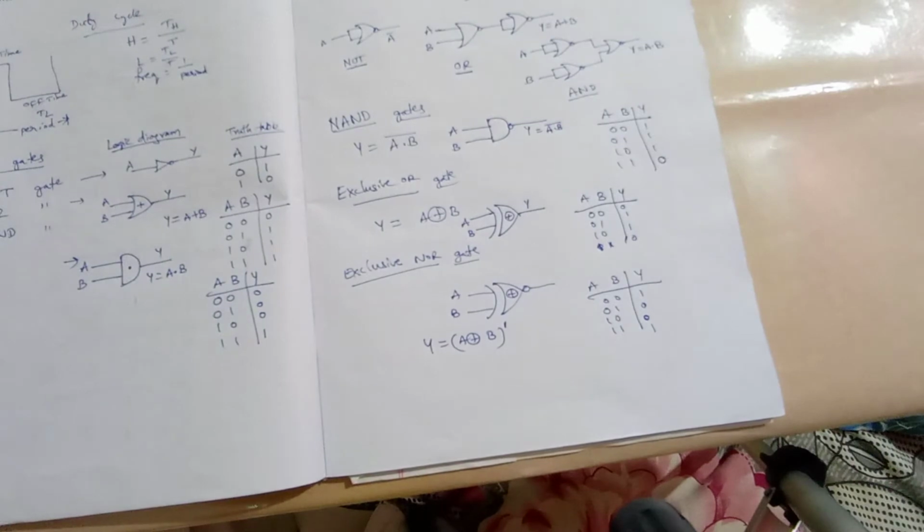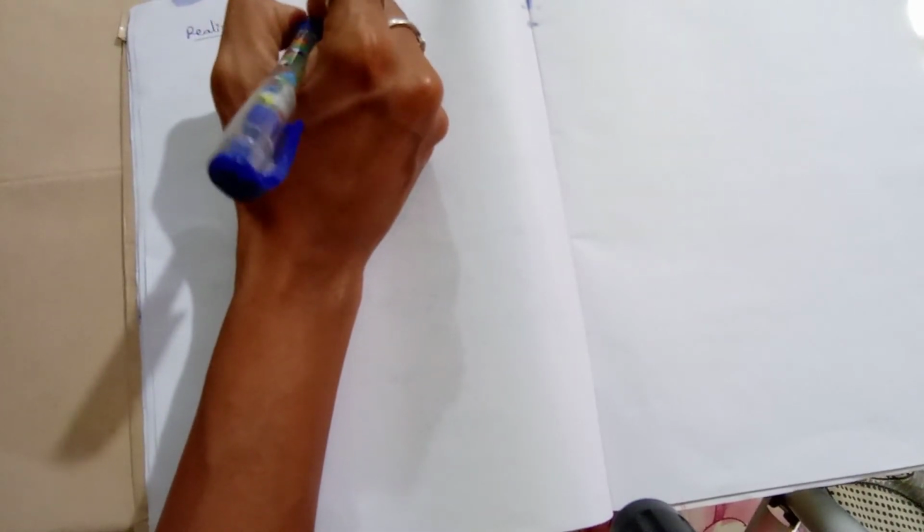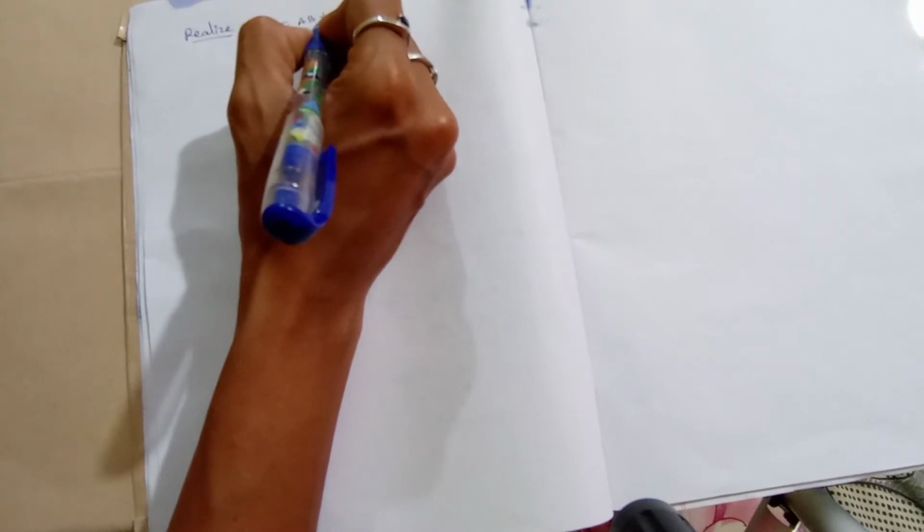This is about basic gates and universal gates. Realize the given equation, that is Y is equal to AB plus C. AB here and this is OR gate.